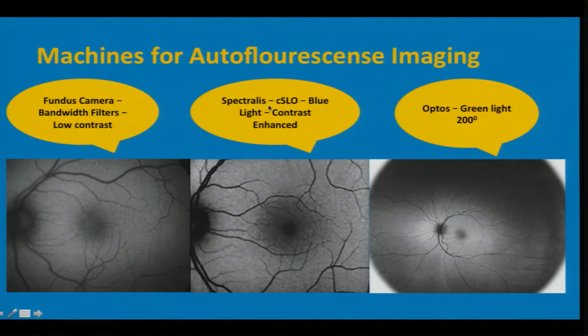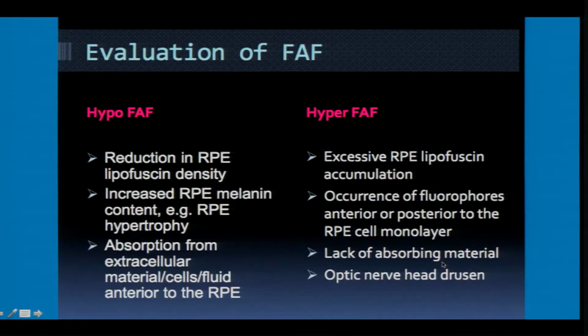On the other hand, CSLO, which is predominantly available in the Spectralis platform and in certain forms of Topcon as well, throws a monochromatic blue light and captures it back only from a single layer of the retina, and hence the contrast is much better. Nowadays we have Optos, which can also capture autofluorescence images, but the wavelength used is slightly longer, and hence it will give you partial autofluorescence from the lens as well.